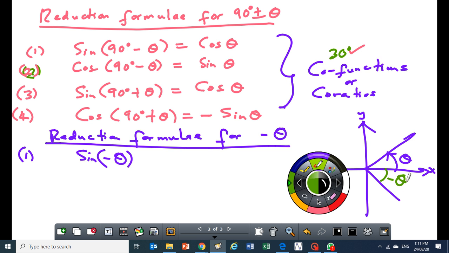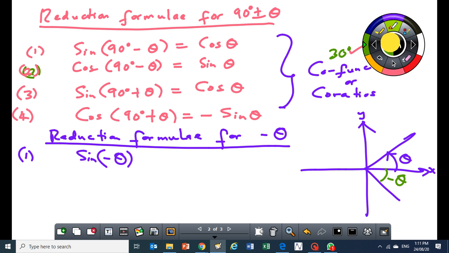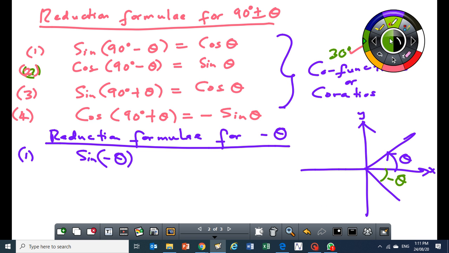That's minus theta. Now, in the fourth quadrant, is sine positive or negative? Negative. So, if sine is negative, then this is going to be minus sine theta.